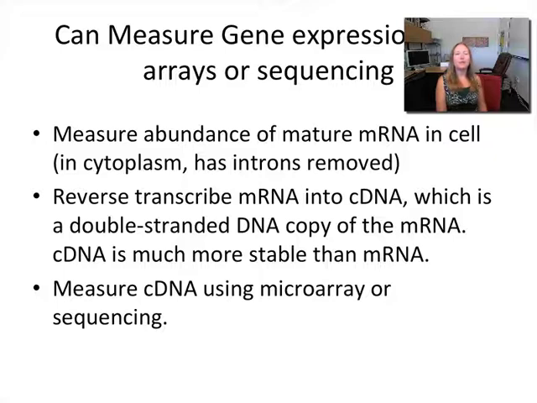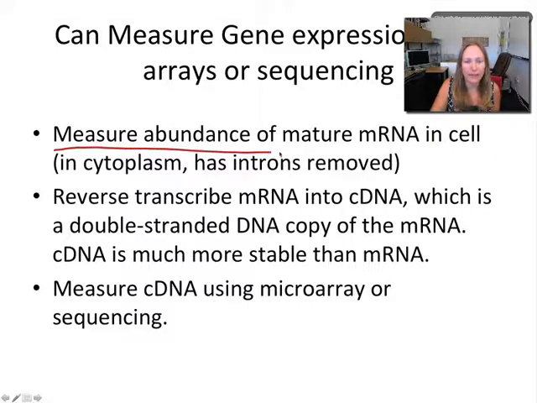You can measure gene expression in a number of ways. Most popular right now are using microarrays or RNA sequencing. That will change. The technology evolves quite a lot. But basically what these two methods do is measure the abundance of the mRNA in the cell.